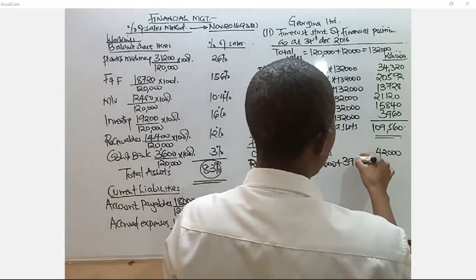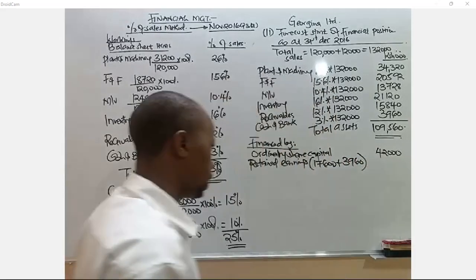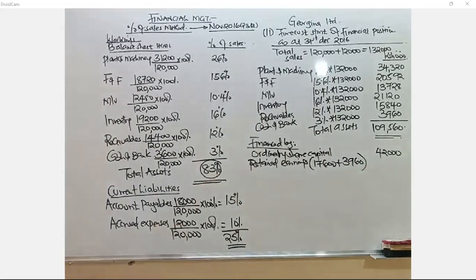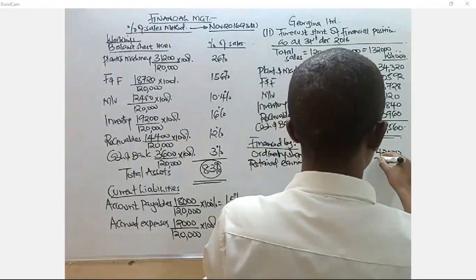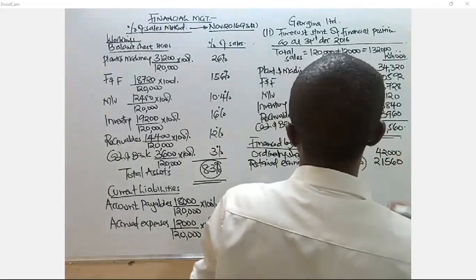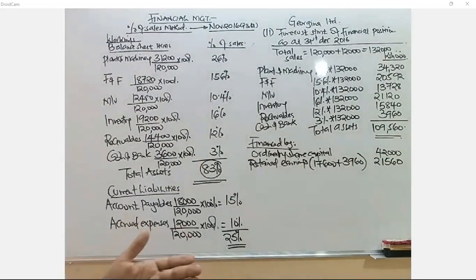For 2016 the increment will be that 3,960, which we have computed earlier on. We get our retained earnings to be 21,560.